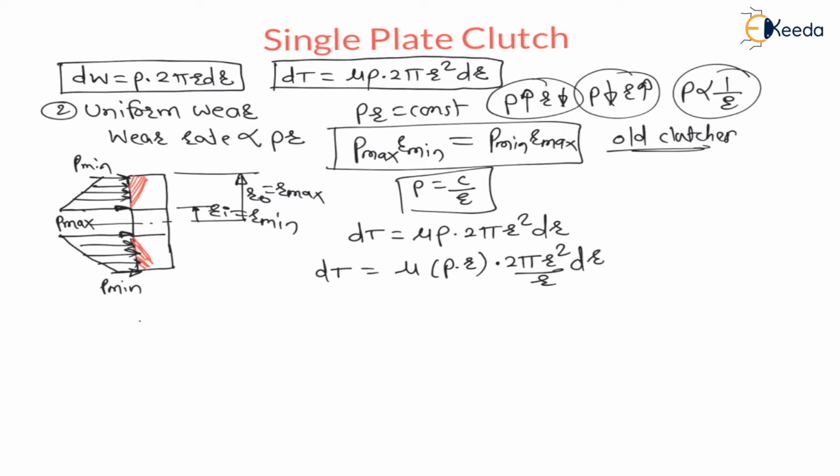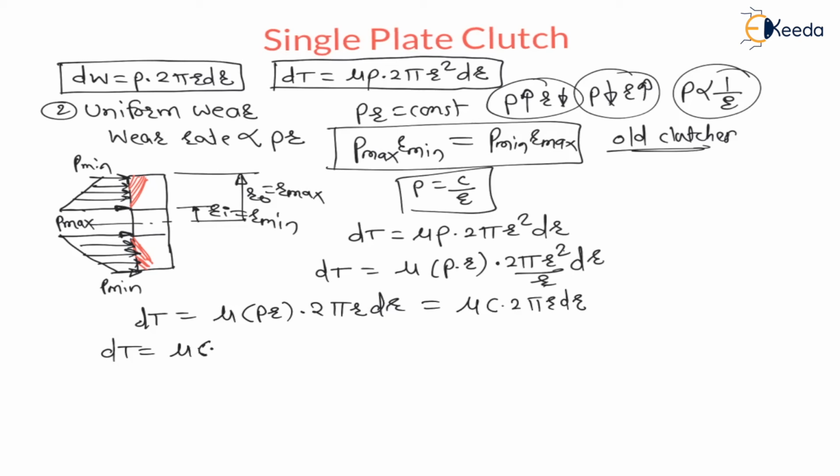One r will get cancelled, therefore it will become mu into PR into 2 pi r dr, and PR is constant, therefore it is mu c into 2 pi r dr. This is the very small torque transmitted by the elemental ring.